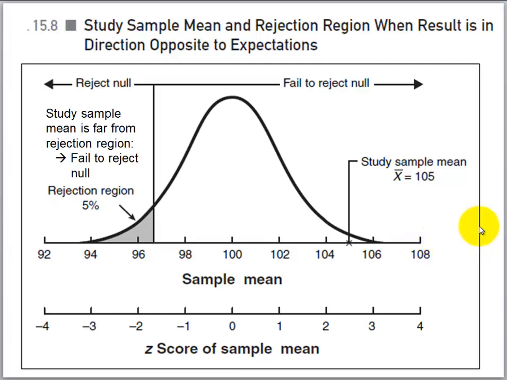Well, if the result is so far in the direction opposite to expectations, given the alternative states less than, your expectations were in the wrong direction. Clearly, you didn't have a good sense of what the results might be. And since you didn't have a good sense of it, as demonstrated by the fact that the result was in the opposite direction, you should have used a two-tailed test.